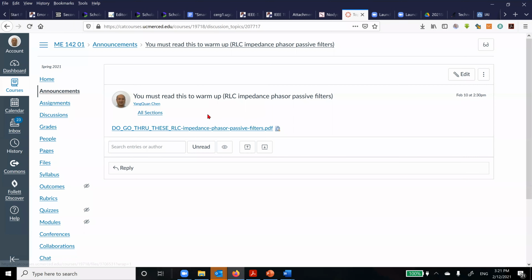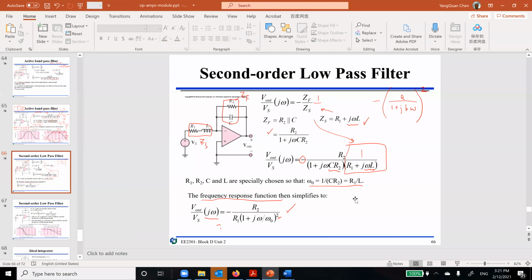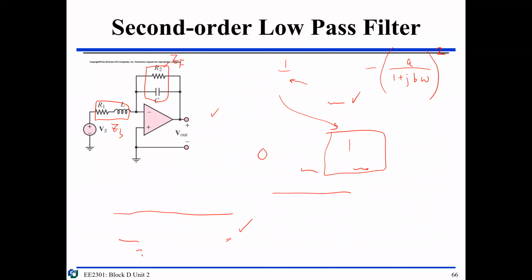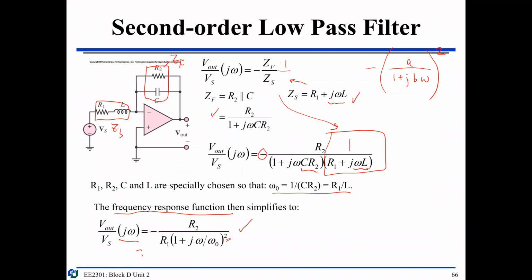So this is a deck of slides to summarize everything you are supposed to have already learned. I do know that the phasor part is tricky. Many of you didn't really get it. I know it, but it's time to pick up. Otherwise, you will feel like what I'm saying here is another foreign language. Okay.